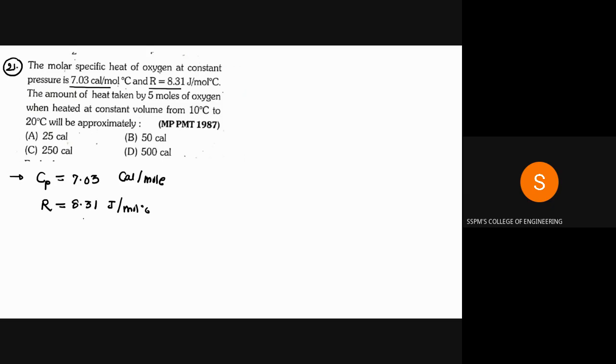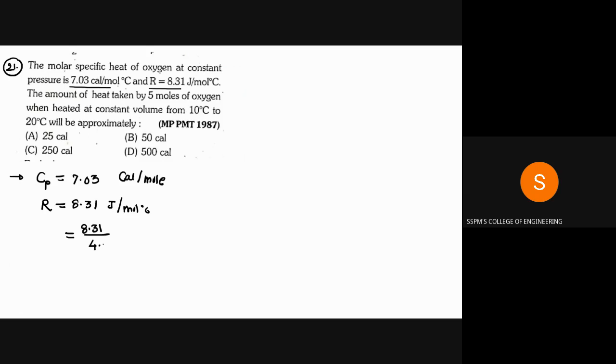So convert this joule per mole in terms of calorie per mole. So divide this 8.31 by 4.2. So this will be in calorie per mole degree Celsius. Okay. So this ratio 8.3 divided by 4.2, we can approximately write as 2. This is calorie per mole degree Celsius.